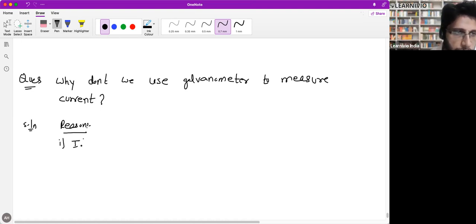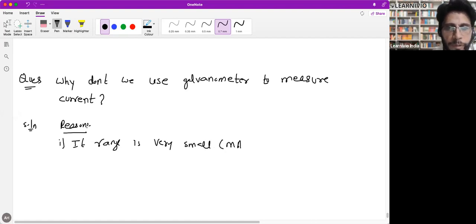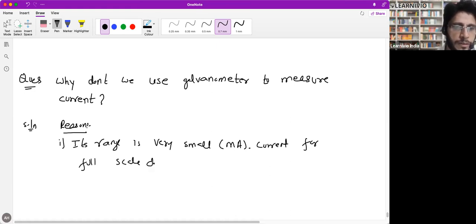Its range is very small, usually in milliampere. This can also be known as current for full scale deflection is small. That's the first reason.